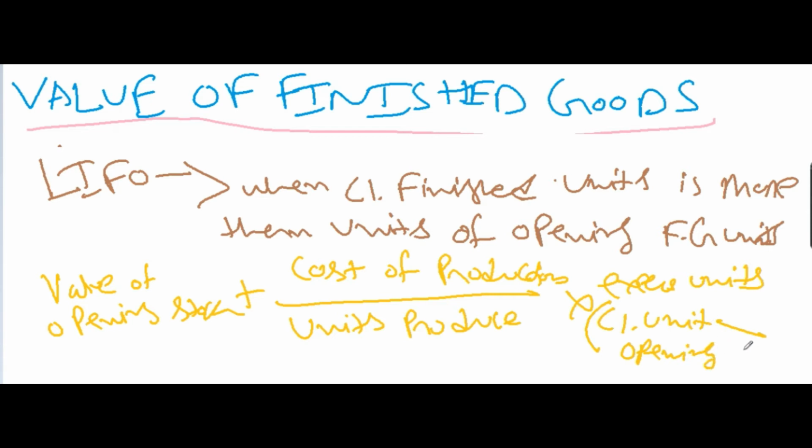We will do some math regarding this afterwards in the next video. So the ultimate formula is value of opening stock plus cost of production by unit produced into excess unit of closing stock. This is the formula for LIFO when the closing unit is more than the opening.